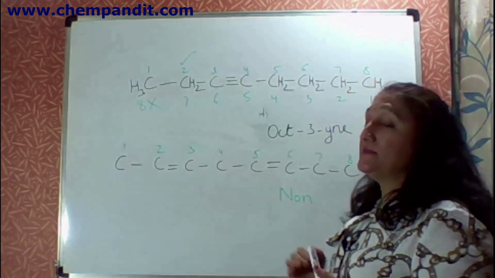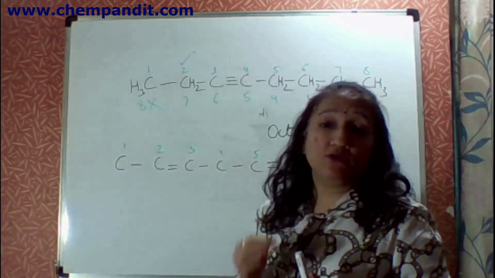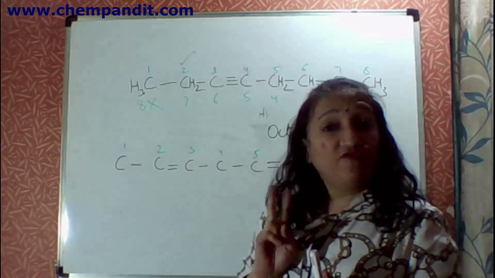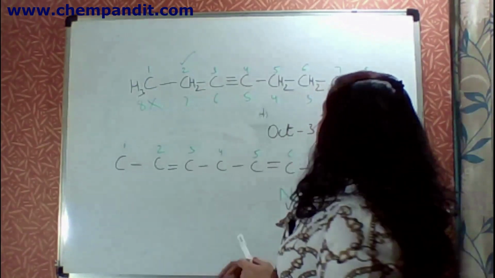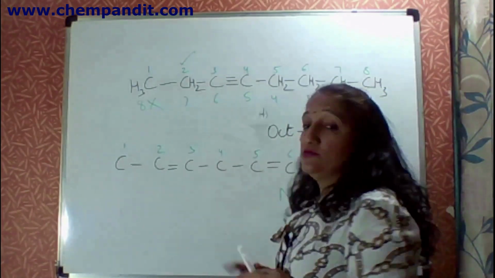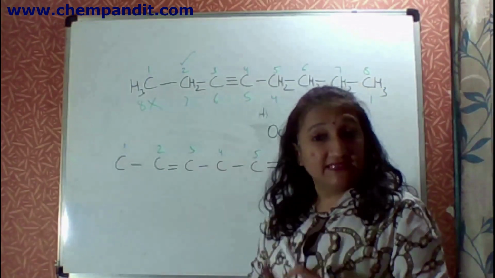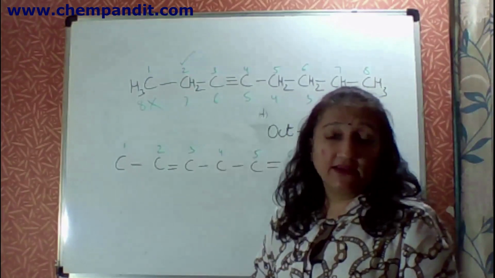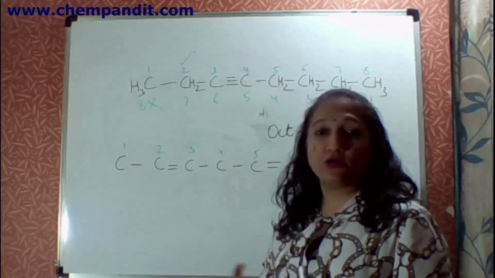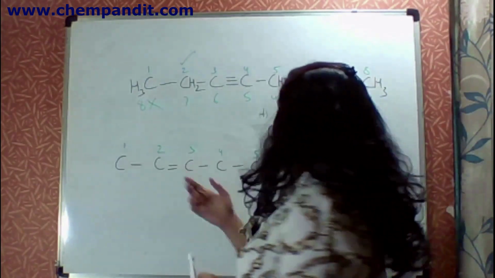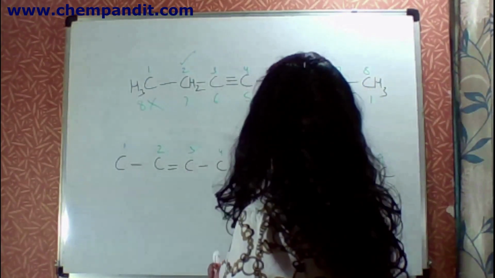But at the same time, it is mandatory to mention the position of both the double bonds. Is that clear? Suppose we have 2 double bonds, we will use the prefix di, and at the same time, it is mandatory to mention the position of the double bonds or of the triple bonds. So let's write the name of this compound.